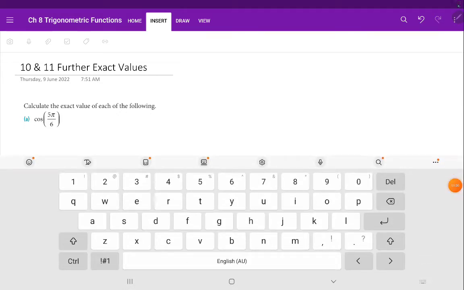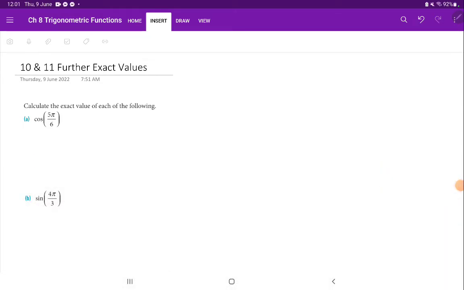Alrighty, so we're going to continue working through these exact values. And in this case, we're going to be looking at exact values further than that first quadrant. So I want to know all the exact values of 45, 90, 135, 180, all of the multiples.